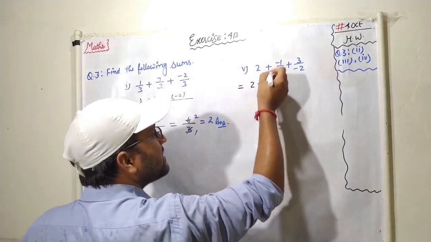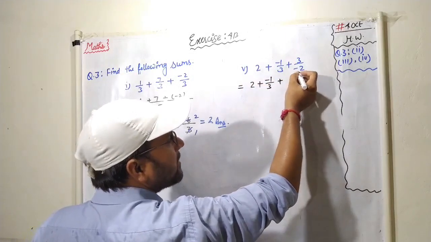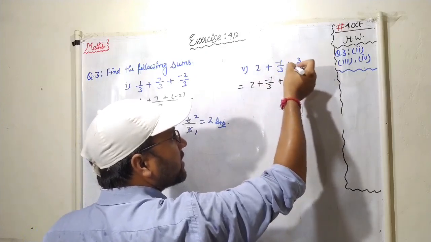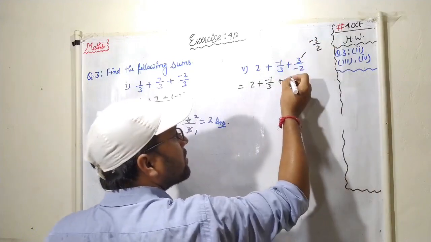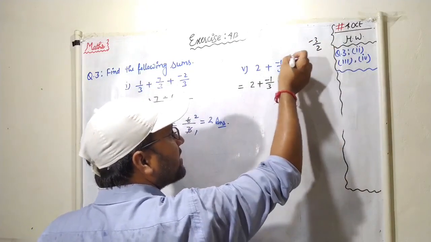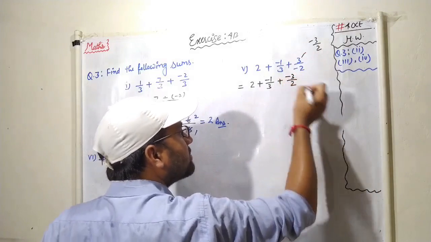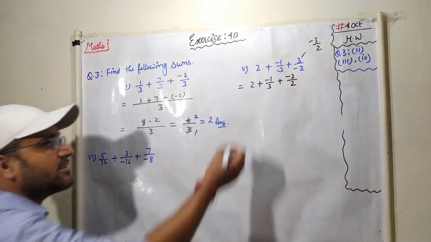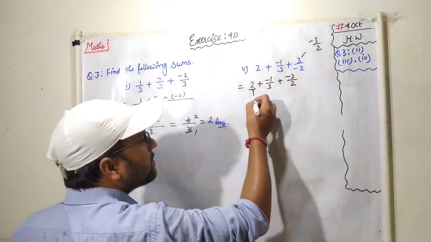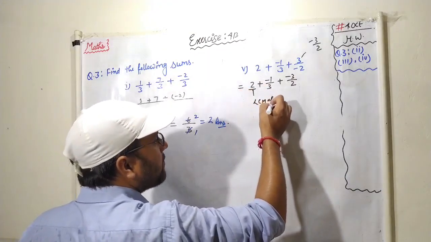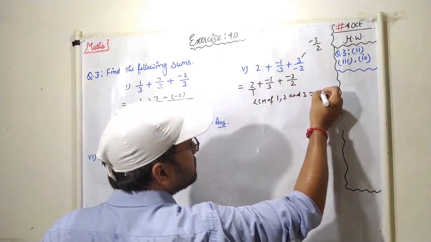2 plus in bracket minus 1 upon 3, and plus, in place of 3 upon minus 2 you will get minus 3 upon 2. And this 2 only, so you write 2 upon 1. Then the LCM of 1, 2 and 3 is equal to 6.